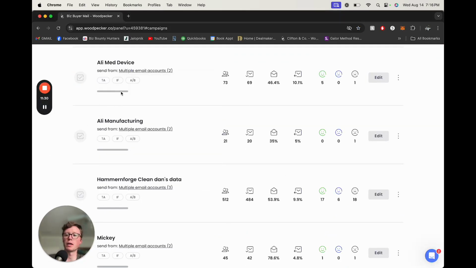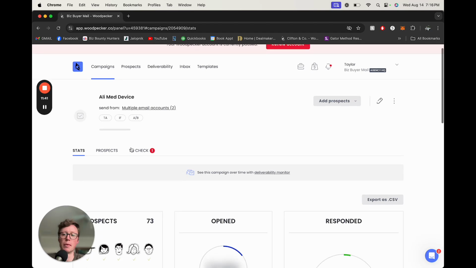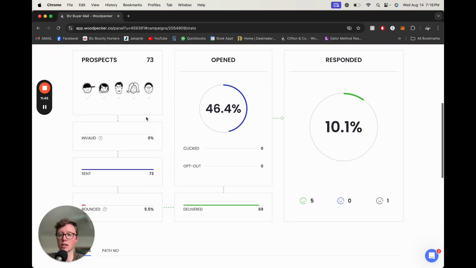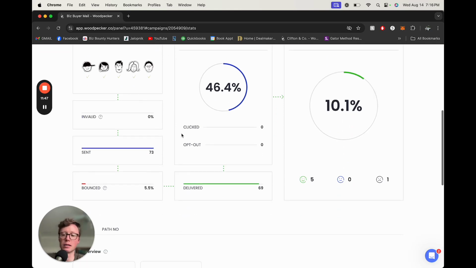So here are some campaigns I ran for some other people. A little bit lower open rate, still a strong 10% response rate. This was a smaller campaign specifically for medical device manufacturing on the West Coast. So we didn't have a ton of data to pull from, which is why we only had 73 people.